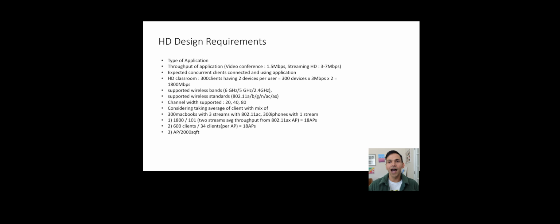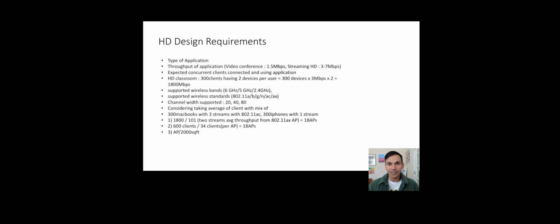Before we get in, let's understand the purpose behind high density and how we design high density. It depends upon your type of application, like high density video or voice conference, and the expected concurrent number of clients.